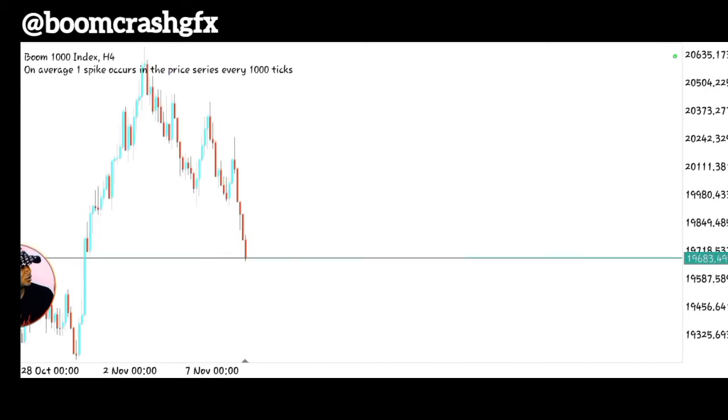So like I said, we'll be talking majorly on the 61.8 level of this Fibonacci tool. As we all know, the Fibonacci tool has several levels that you can actually trade with if you have adequate knowledge about using this tool.